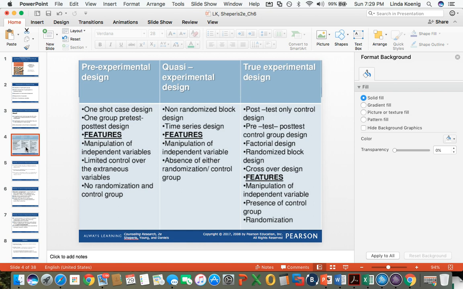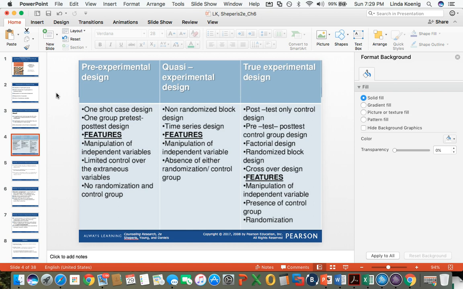All right, so we're going to talk about three different types of experimental design. Pre-experimental design, which is on this side of our table, quasi-experimental design, which is in the middle, and then true experimental design, which is on our far right. So when we talk about pre-experimental design, we're talking about a one-shot case design where it's a one-shot deal. We have one group pre-test and post-test.